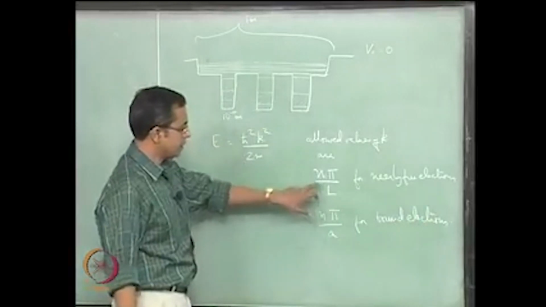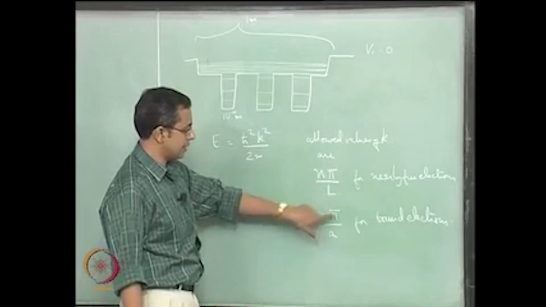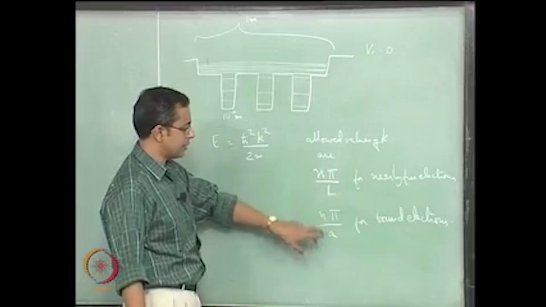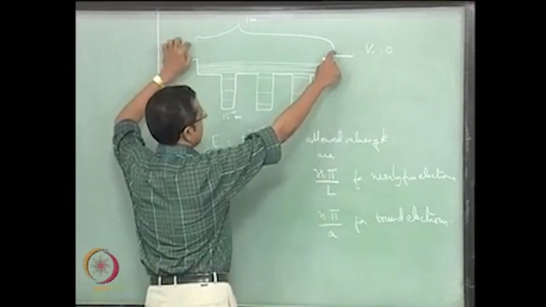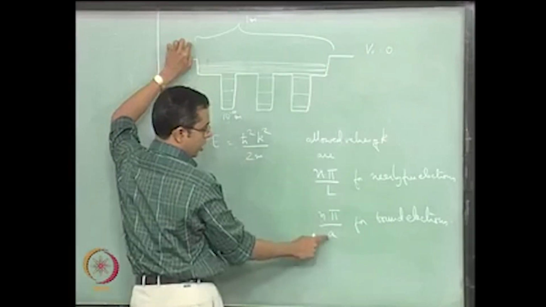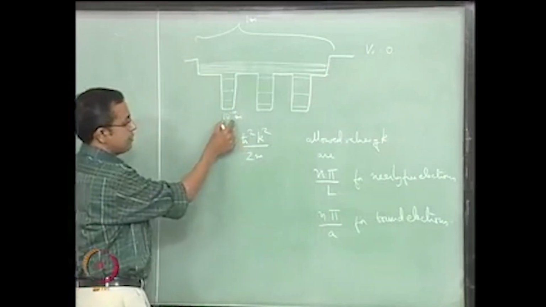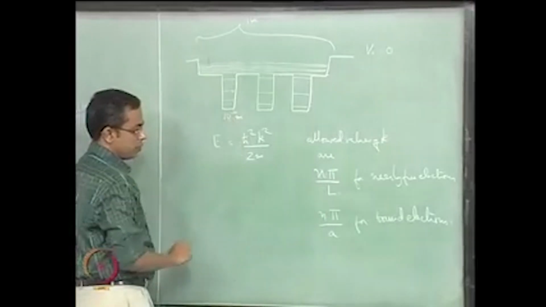And the difference is, as you can see, the form is exactly the same, n pi by some length dimension. It is only the question of whether this length is 1 meter, if it is a nearly free electron, or it is A, which is sort of the atomic dimension. Okay, so that is the difference between the two of them.